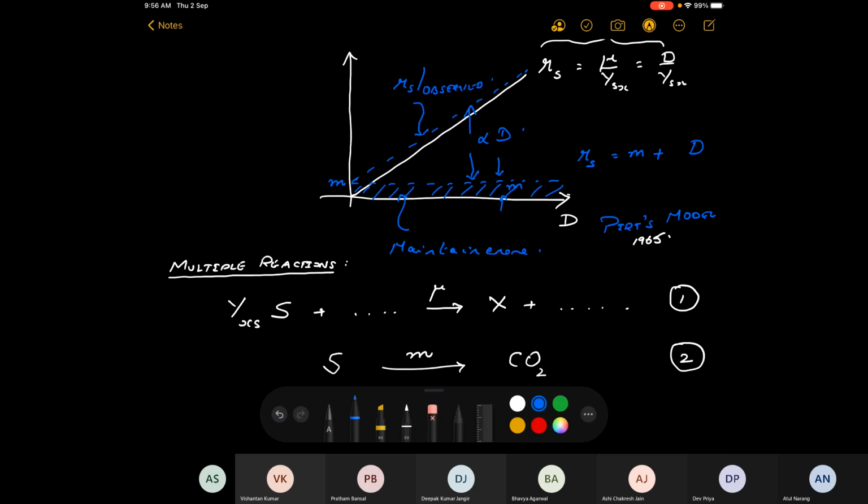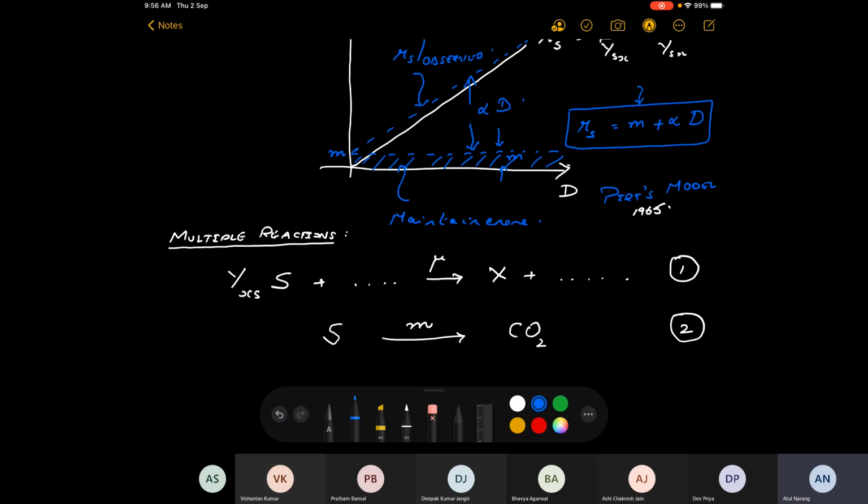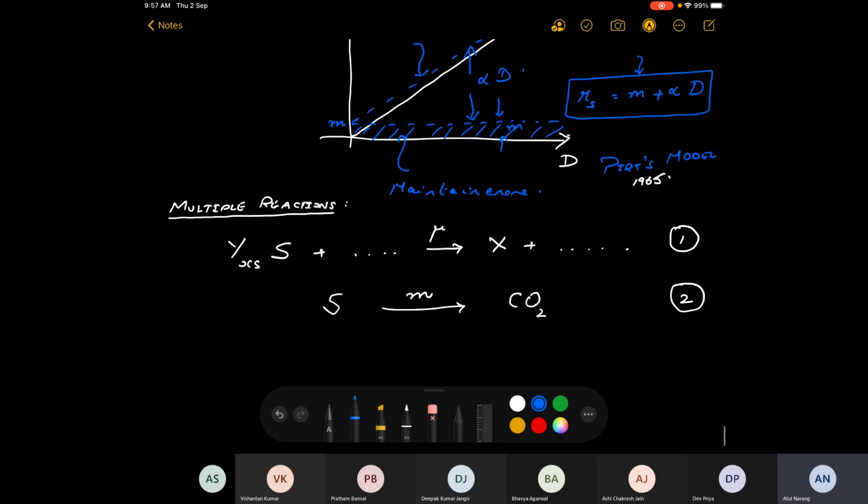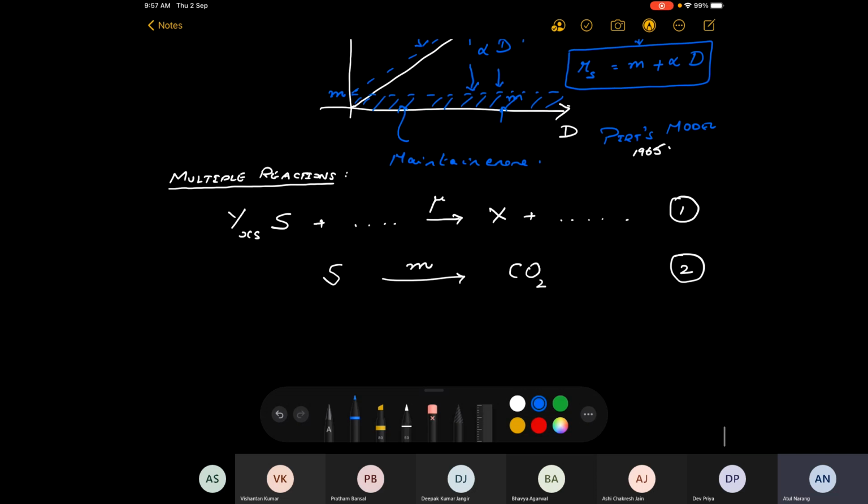So essentially, roughly speaking, he's modeling his uptake rate in this fashion. He has to admit that the total uptake rate is not proportional to growth, that's what the data is showing. But the explanation he gives is, let's proceed with it. He assumes that he has not one reaction but two reactions. One reaction is growth, and the second reaction is maintenance.